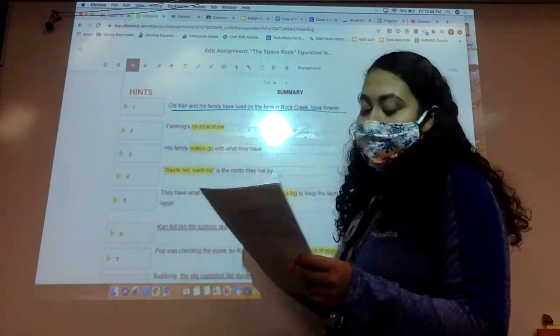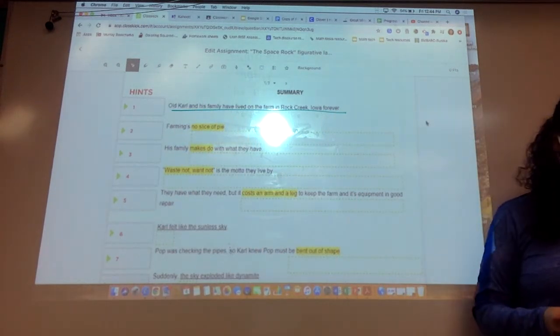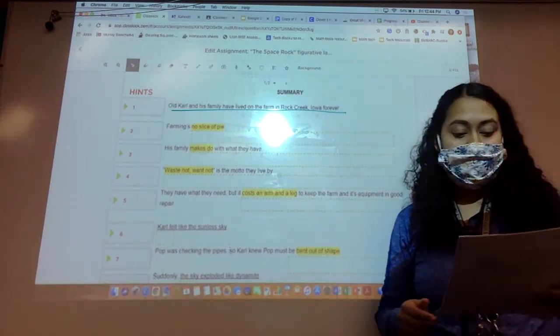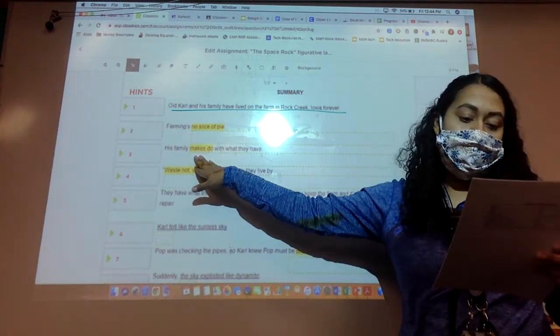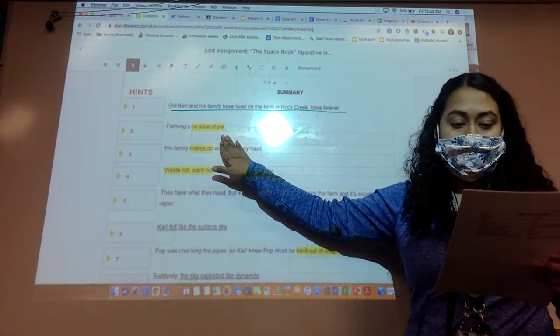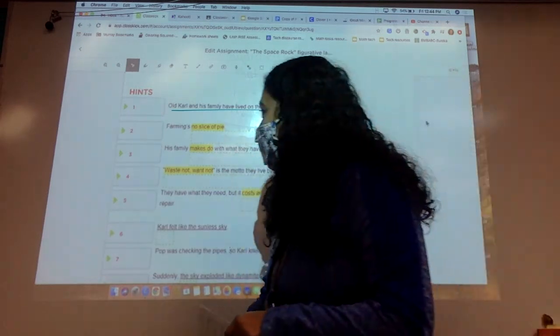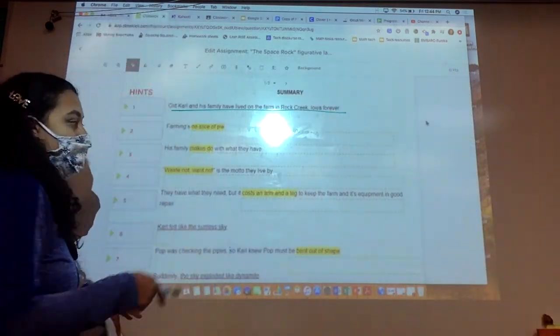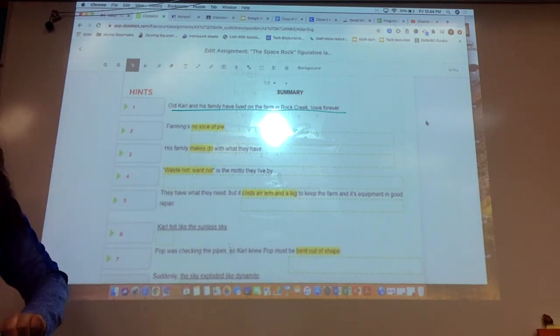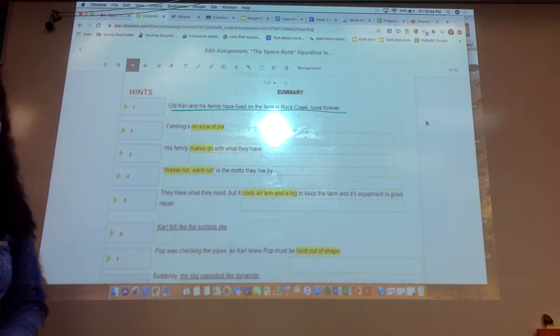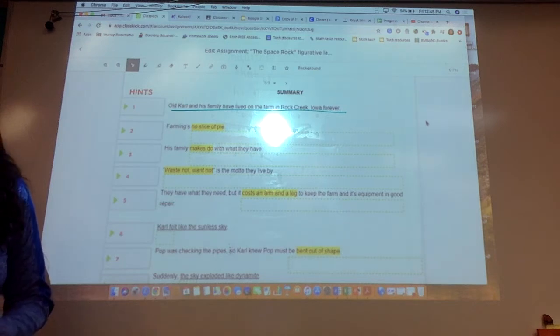Farming's no slice of pie. Okay, so that one is highlighted, so it is an idiom, right? So write what the idiom means in the box next to the sentence. What does this idiom mean? No slice of pie. Do they mean that farming is slices of pie? No, it means farming is not easy.